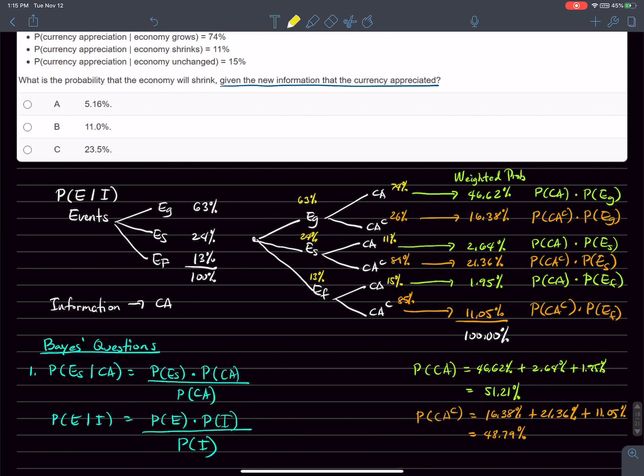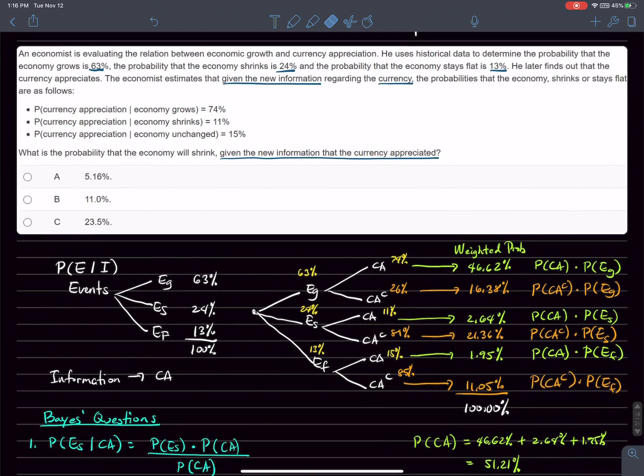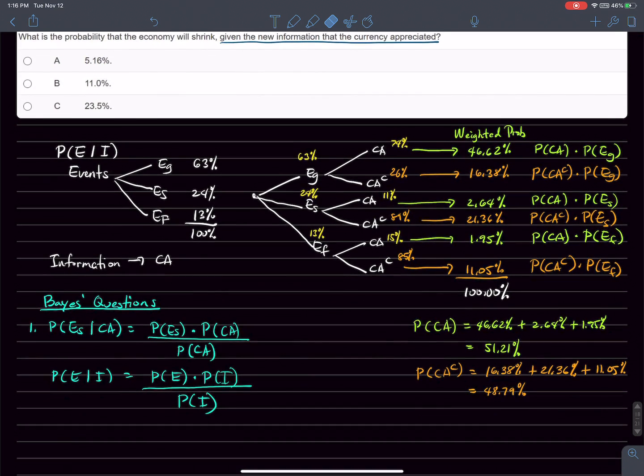So I will write here probability that the economy shrinks given the new information that currency appreciated. Clear? So this is how I write it. It is the same as the formula in the book; we'll just write it in a way that is applicable to the practice question.